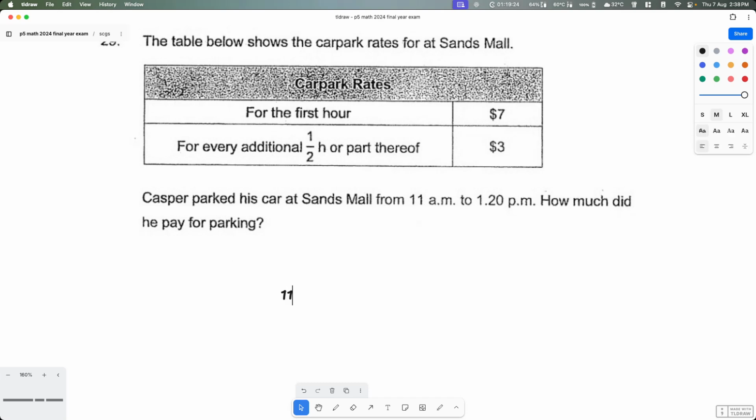So from 11 a.m. to 12 p.m. is equal to 1 hour. Then 12 p.m. to 1:20 p.m. is equal to 1 hour and 20 minutes.